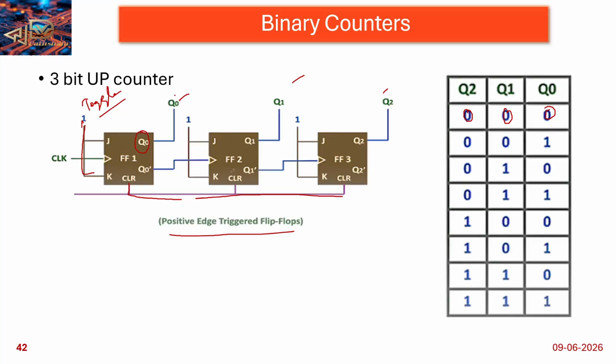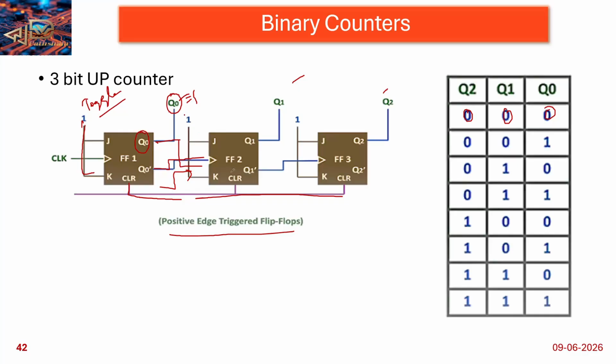So whatever the toggling condition, 0 is given, I'm getting 1 here. Then Q bar is connected to the next clock, this is the up counter. Q bar connected to the clock is called up counter, otherwise Q naught connected to the clock means that is down counter. Okay, that is the basic difference.